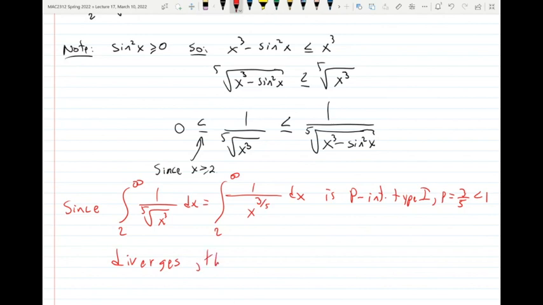So since this happens, by the comparison test, the original integral diverges.